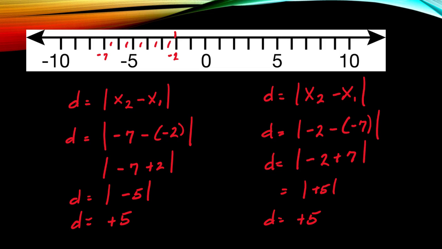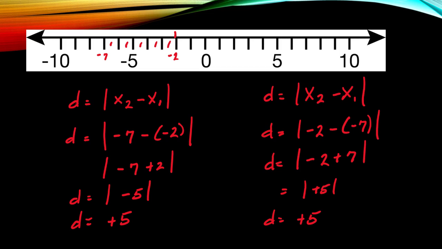The point is that it doesn't make any difference how you choose x2 and x1, because we will get a positive value because our definition says take the absolute value of the difference between those two numbers.